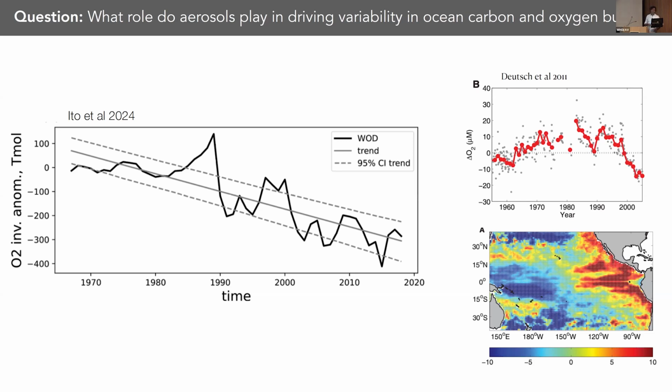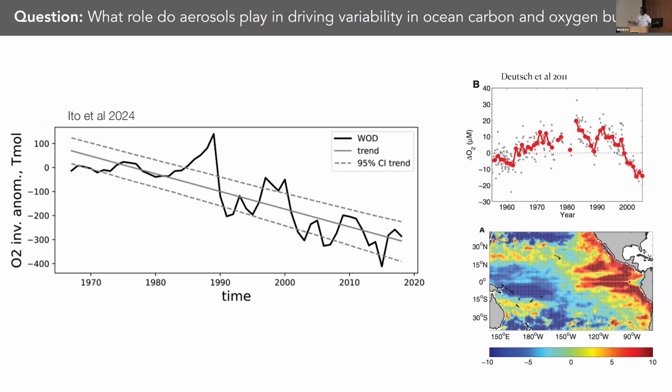Much of the conversation about this variability has been linked to internally generated climate variability, associated with modes like El Niño Southern Oscillation and the Pacific Decadal Oscillation. Here's some work by Curtis Deutsch that attributes the decadal variability in oxygen along the California Current System to the Pacific Decadal Oscillation, essentially the shoaling of the thermocline driving changes in nutrient supply to the surface and driving variability in oxygen consumption, along with isopycnal heave.